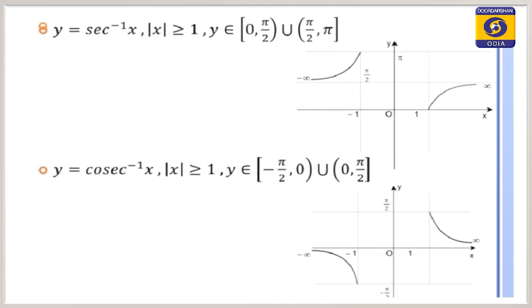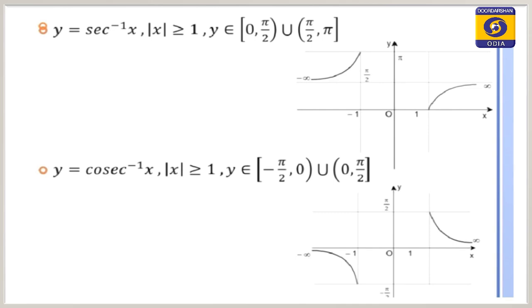So, as y belongs to the closed interval of 0 to pi, no part of the curve lies below the x axis, because if it is below the x axis, then y will be negative. So, what to do? We have to restrict y to the positive side and x from minus 1 to 1. So, this is the graph of cos inverse x.